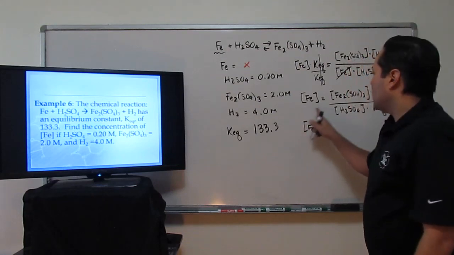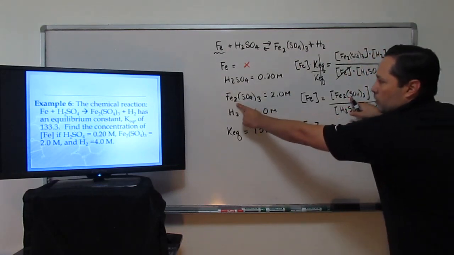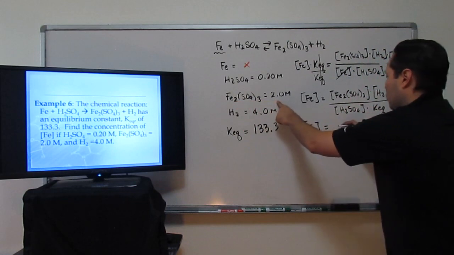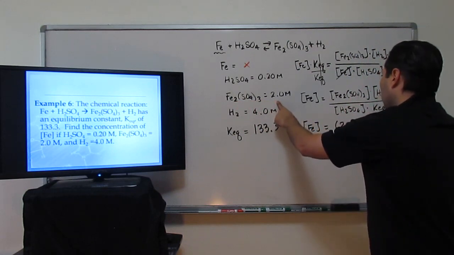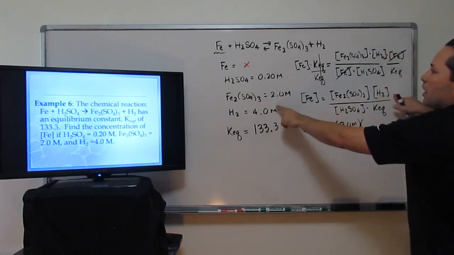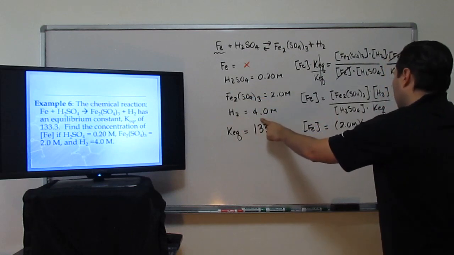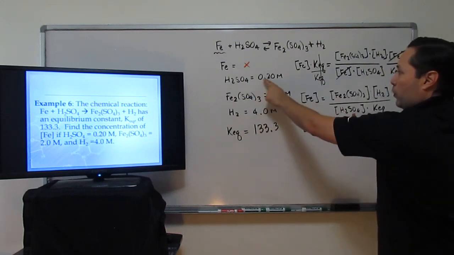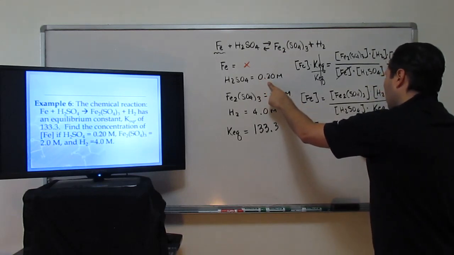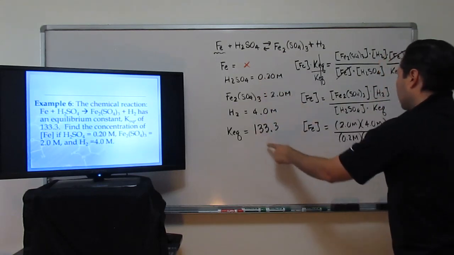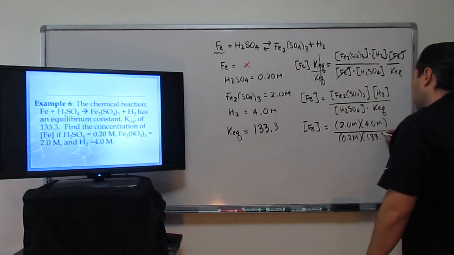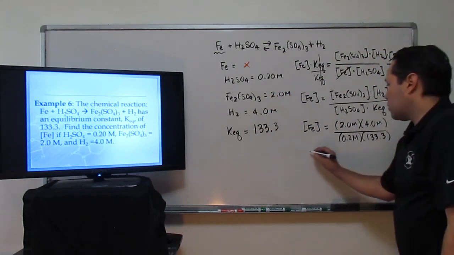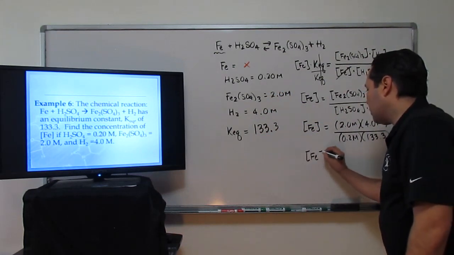Fe equals, let's plug in the iron 3 sulfate, it is 2 molar, multiplied times hydrogen gas, which is 4 molar, divided by the concentration of sulfuric acid, which is 0.2 molar, times the KEQ. That's going to give us the following answer.